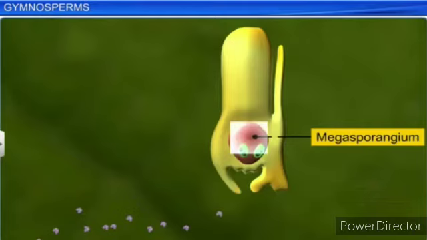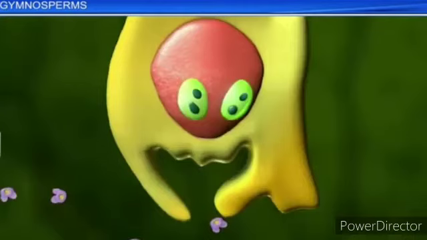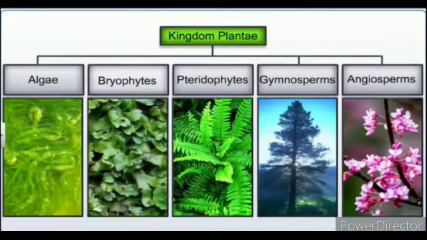The pollen grain is released from the microsporangium. They are carried in air currents and come in contact with the opening of the ovules borne on megasporophylls. We saw that in the algae, bryophytes, and pteridophytes, water is the medium for the transfer of the pollen grains.